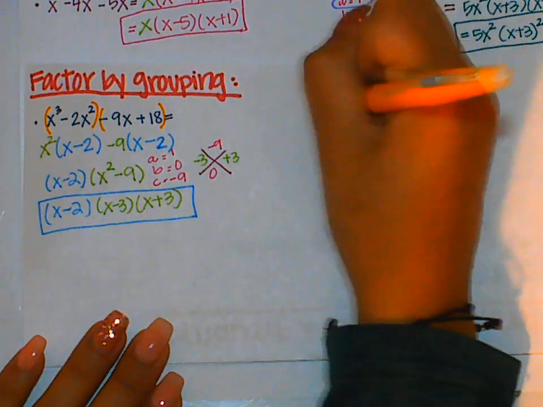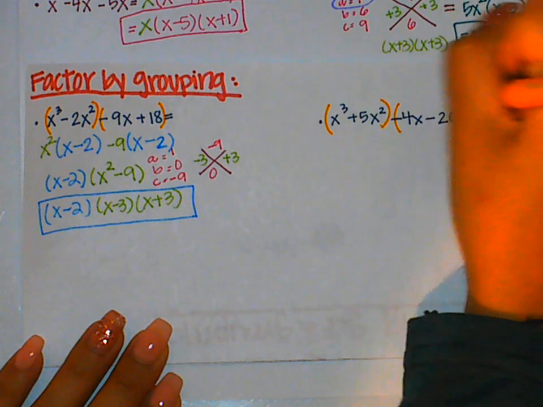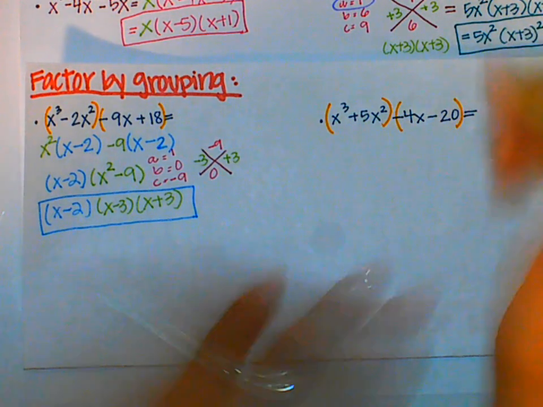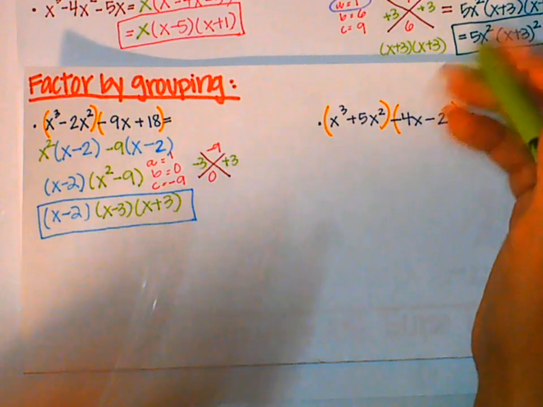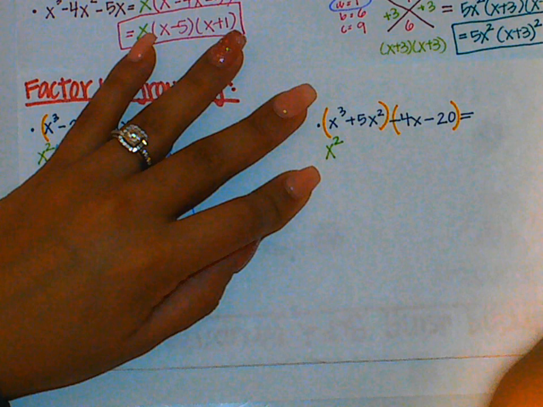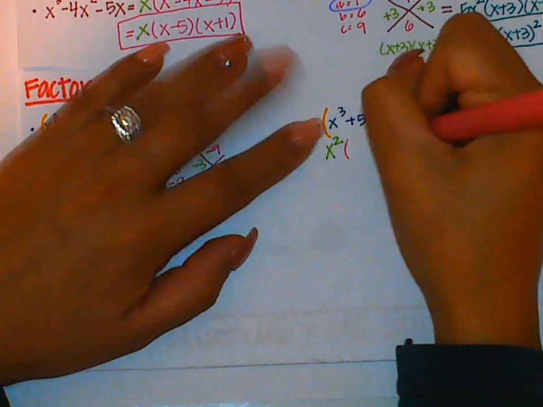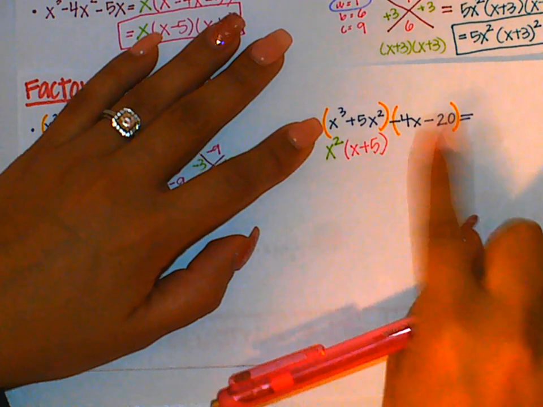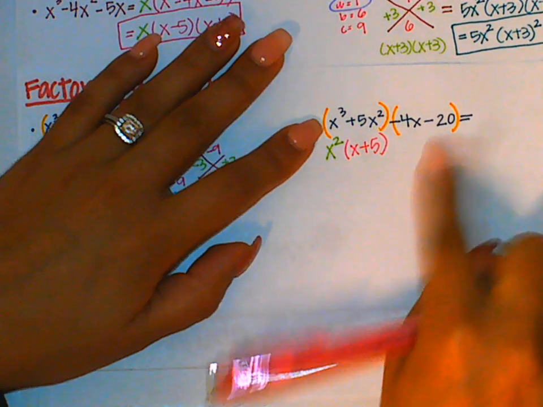All right, so I'm going to start off by grouping. And look at the first one, x cubed plus 5x squared. They both have an x squared in common, and I would be left with an x plus 5. That means that on this side, I want to get an x plus 5 also.